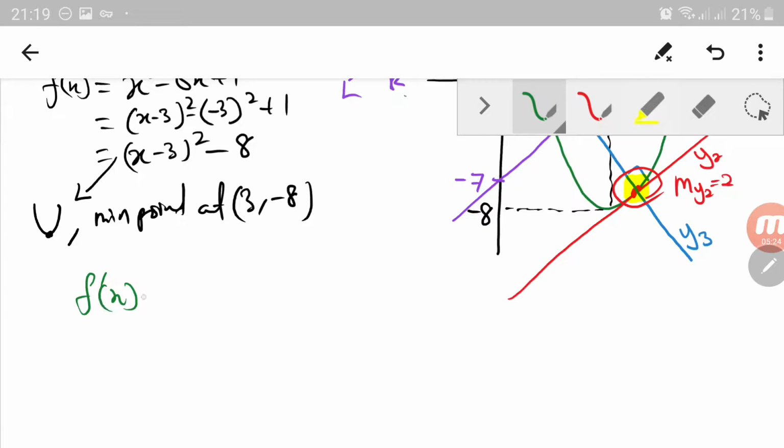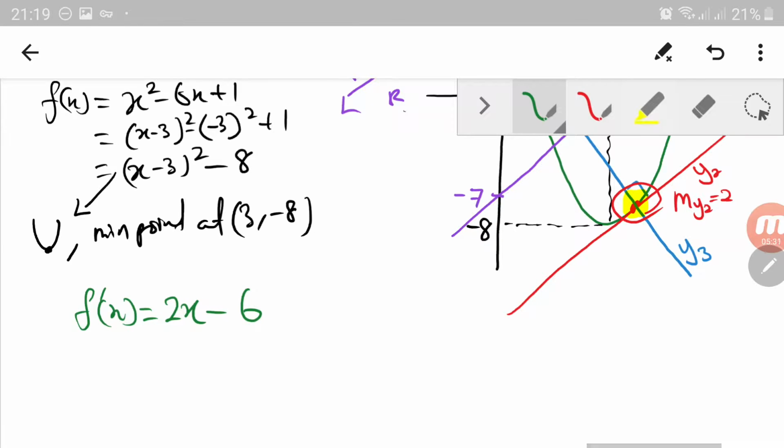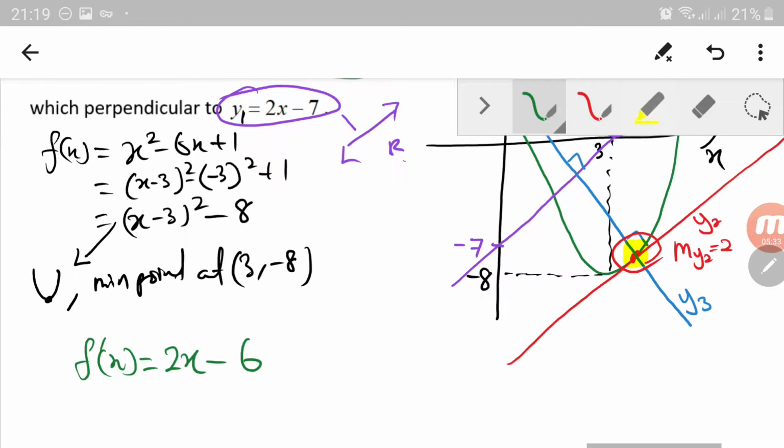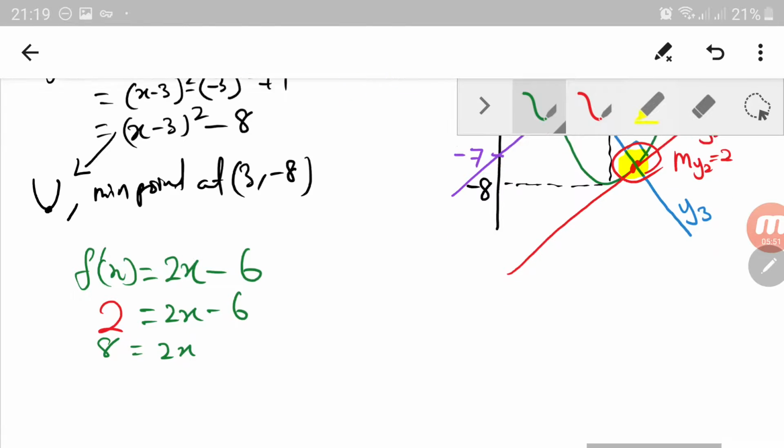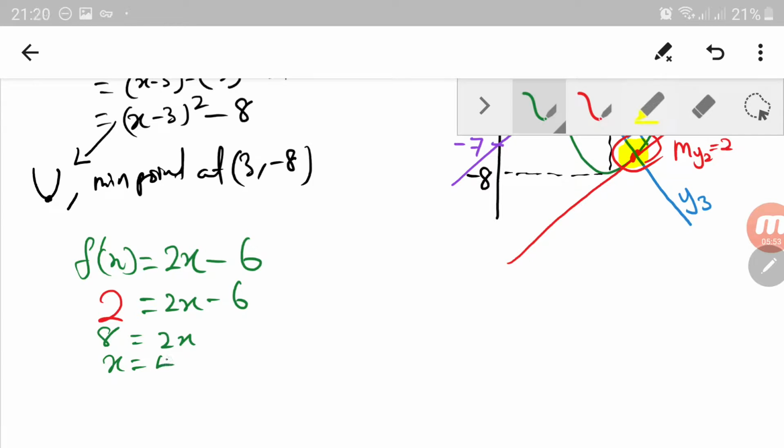f prime equals 2x minus 6. We want to find the point that I highlighted in yellow over there, so we equate this to 2. 2 equals 2x minus 6, 2x equals 8, therefore x is 4.